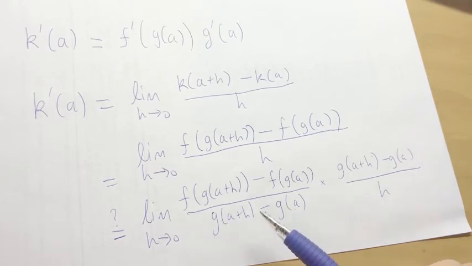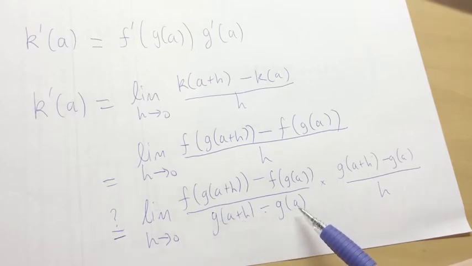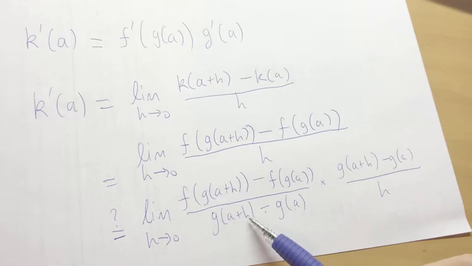So maybe imagine, the problem we had was if this was 0. The problem is maybe some values of h have that g of a plus h is equal to g of a. Having h getting closer and closer to 0 may remove these kinds of problem h's, but it also may not.